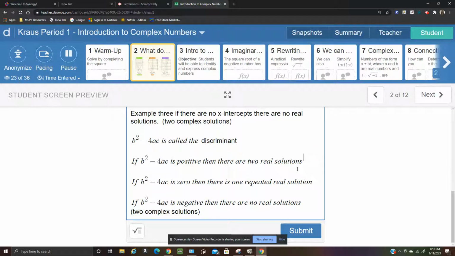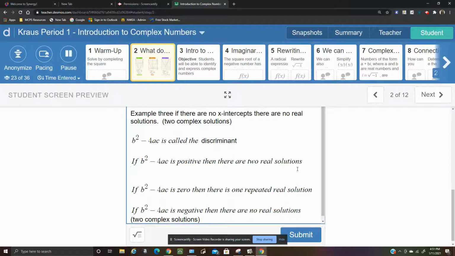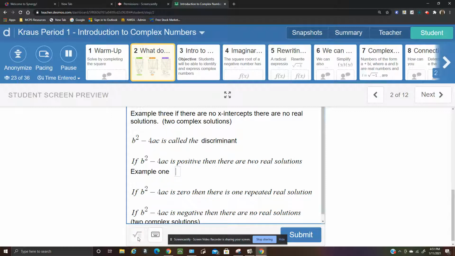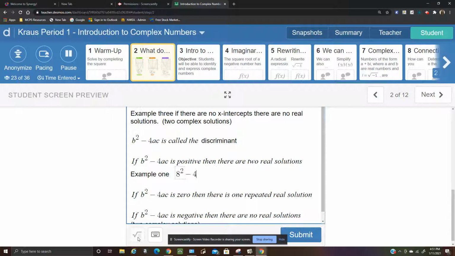So example 1, 8 squared minus 4 times 1 times 7 equals 64 minus 28, which is equal to 36.